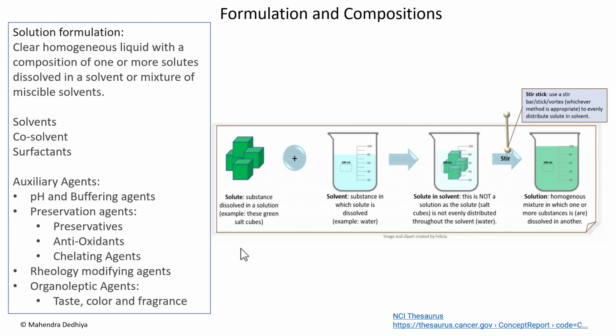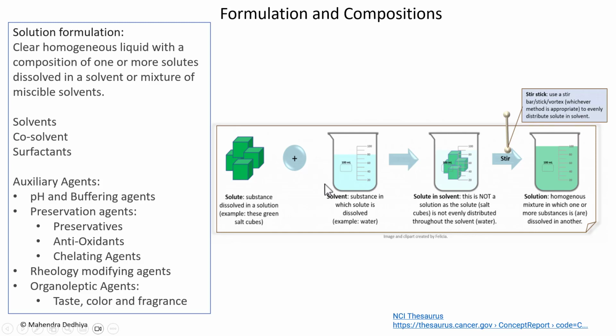In addition to that, it may contain cosolvent, surfactant, and auxiliary agents that are necessary to make the formulation usable. Auxiliary agents range from pH buffering agents, preservation agents, rheologic modifying agents, to organoleptic agents included in the formulation.